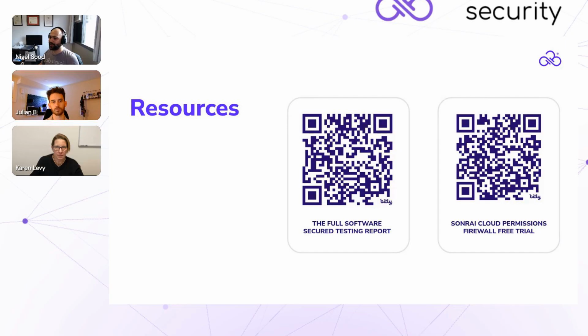Similarly, for Lambda, if you grant somebody Lambda colon star in an identity and access management policy, it grants them all Lambda permissions. It's a really easy way of making sure, if you're a Lambda developer, that you have all the permissions that you need, but it's probably going to be even more permissions than you actually need.